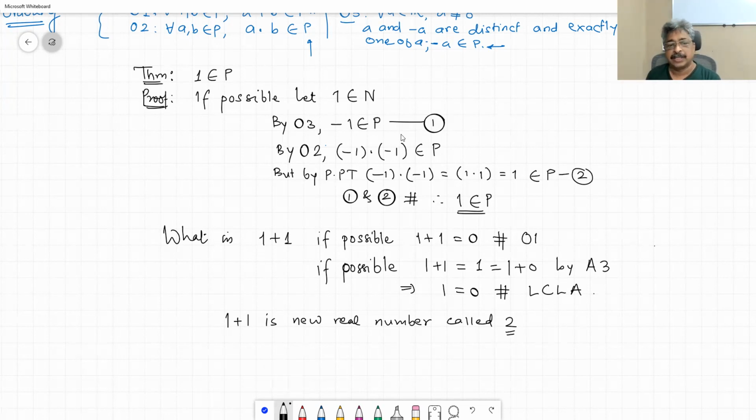If we have 1, then there exists an opposite number by A4. And hence we got all integers at the moment. But then we got rationals also, because if 2 is a real number, then we have a reciprocal 1 upon 2 also a real number. We have reciprocals, so we have everything with us now. We have the entire real number line with us because of this breakthrough. So you make a note of this, what I am saying.